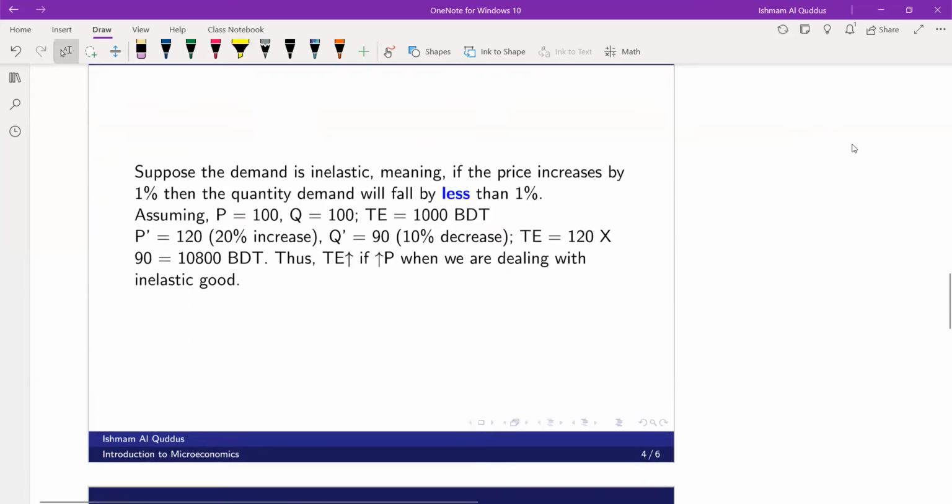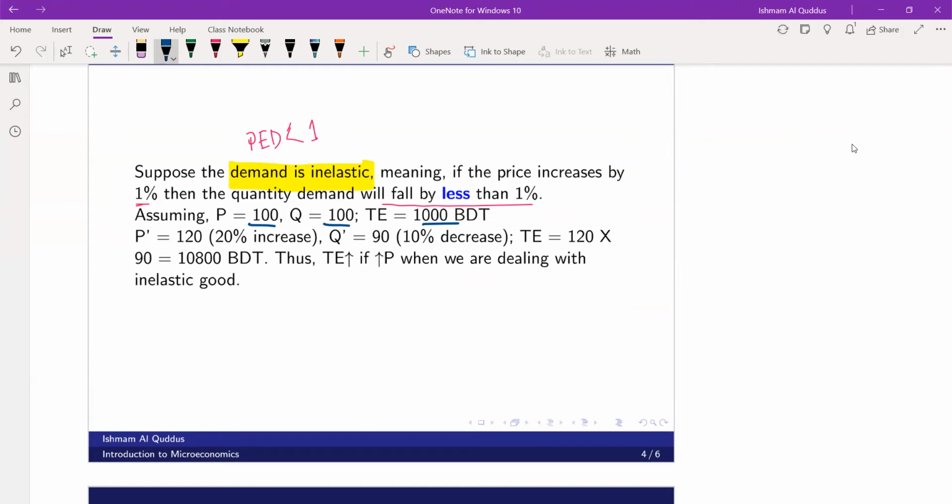Now suppose the demand is inelastic. Demand is inelastic means PED is less than 1. So if the price increases by 1%, the quantity demanded will fall by less than 1%. Again, assuming price equals 100 and quantity equals 100 units, the total expenditure would be 10,000 taka.